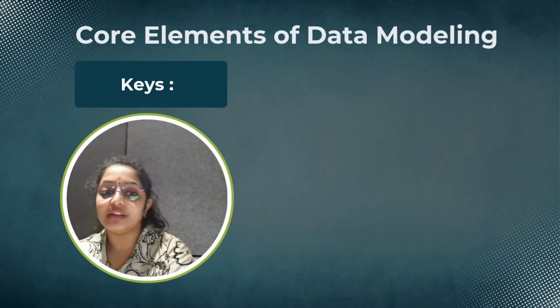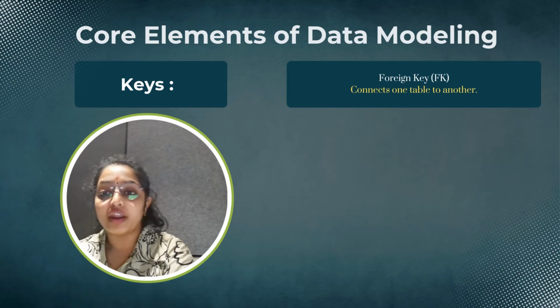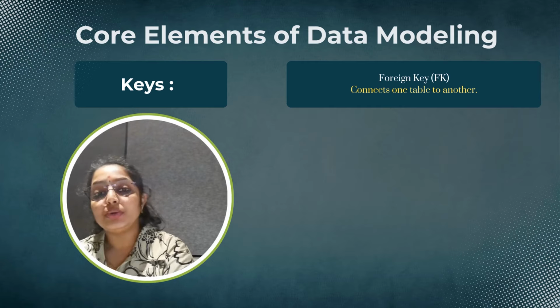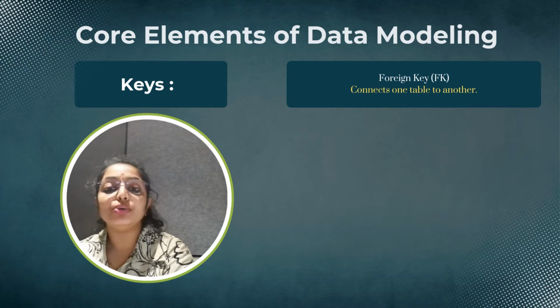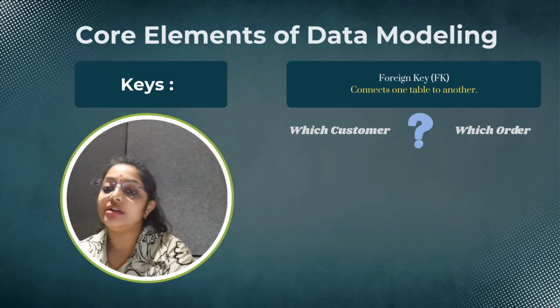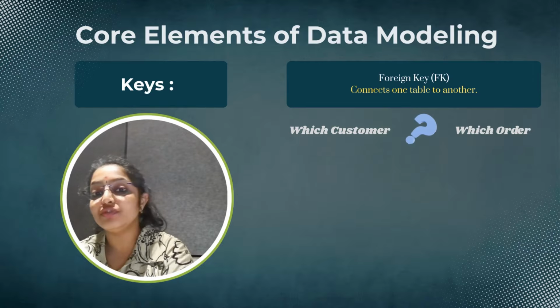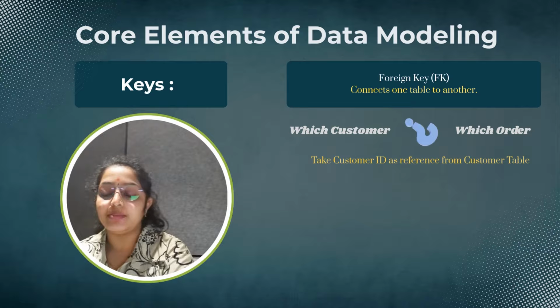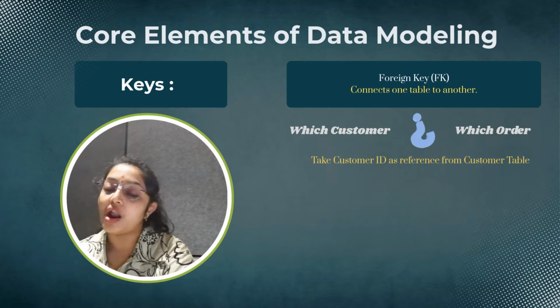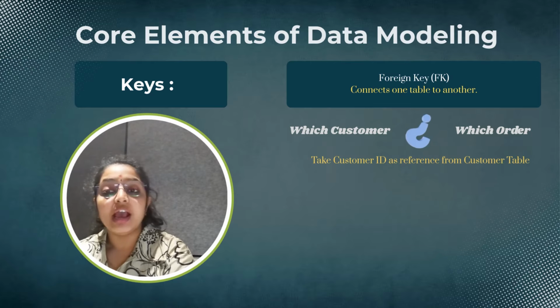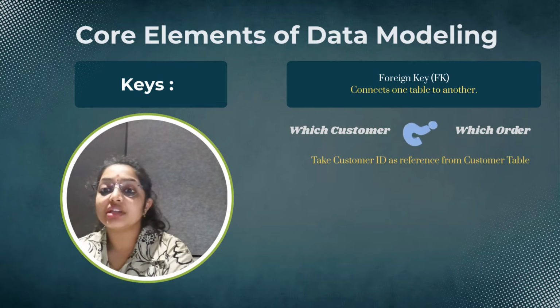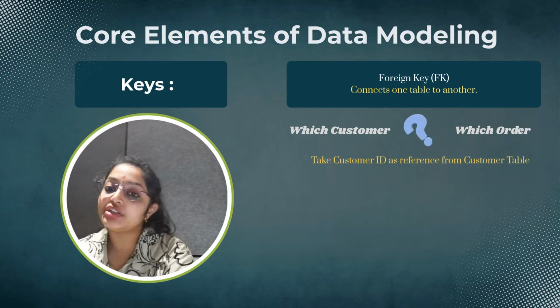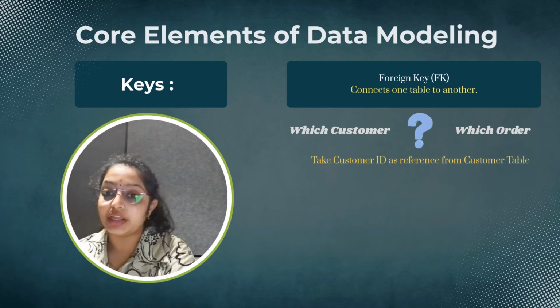Okay, and the next thing is foreign key. Foreign key is used to connect one table to another table. For example, I want to understand which customer has placed which order. So in that case, from the order table, I can make sure order ID is a primary key, and I will introduce customer ID over there, and I will take the reference from customer table.